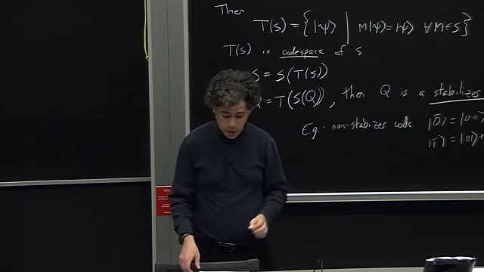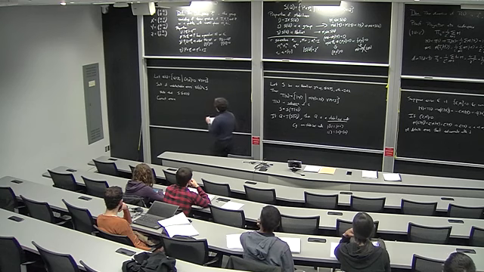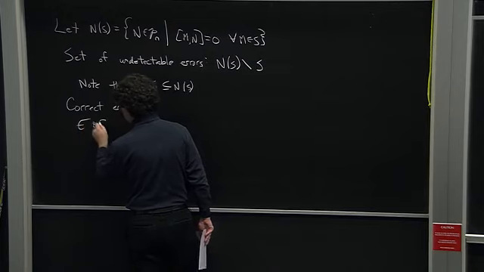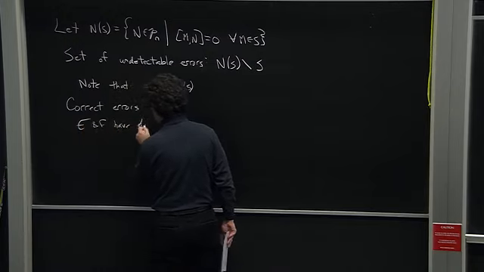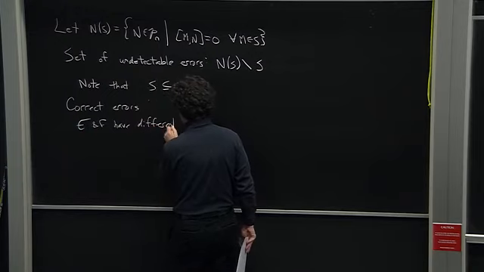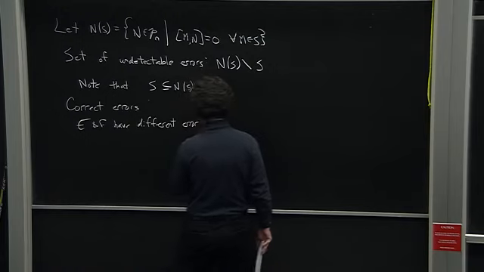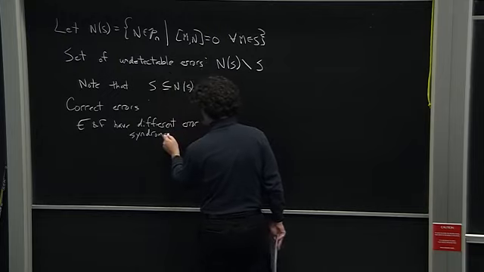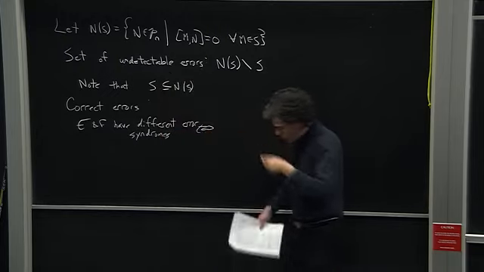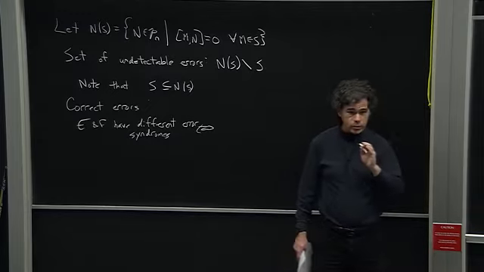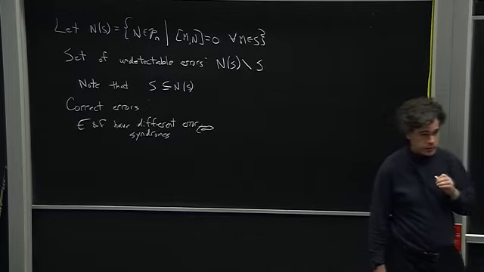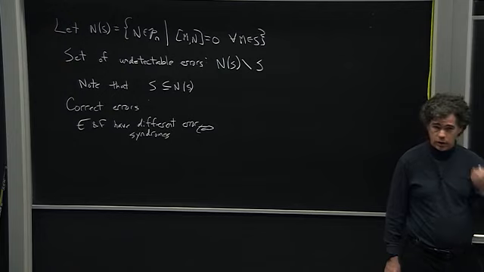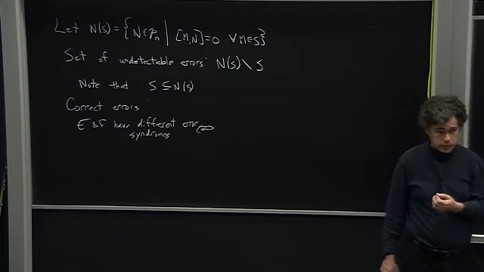That's not a problem. So how do we know when two things have different error syndromes? Well, they have different error syndromes if they commute with different elements of S, because the error syndrome is the set of eigenvalues of the generators of the stabilizer.